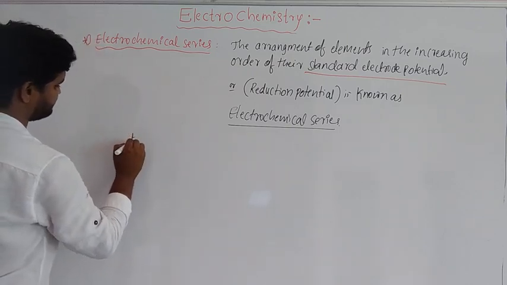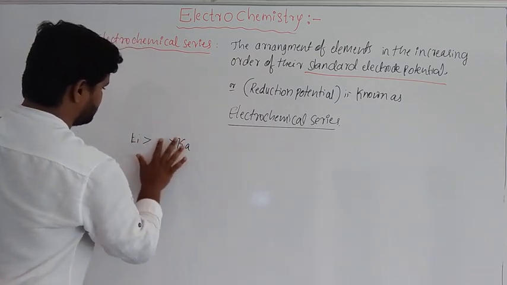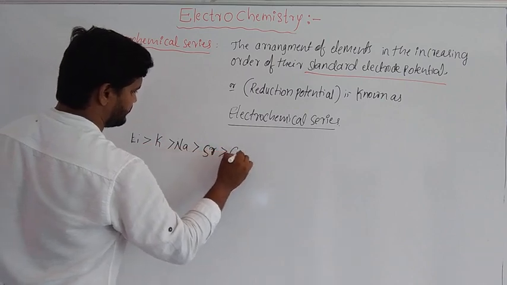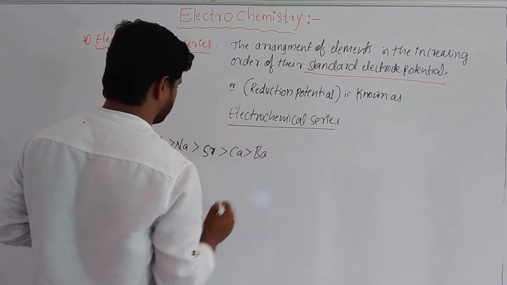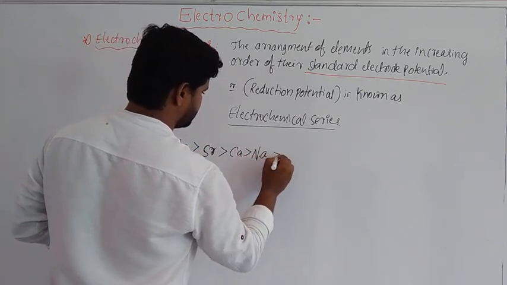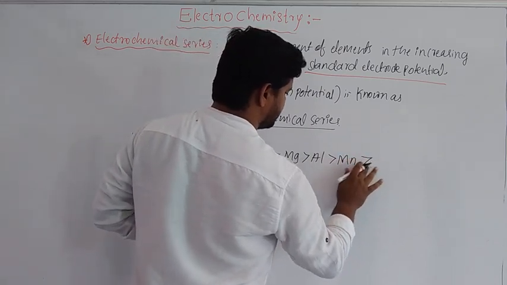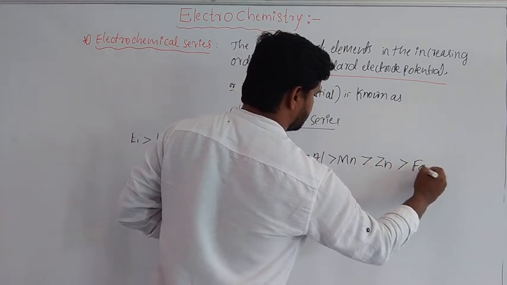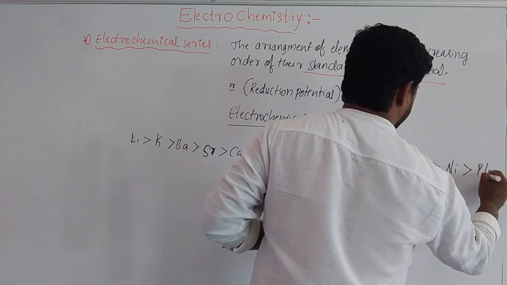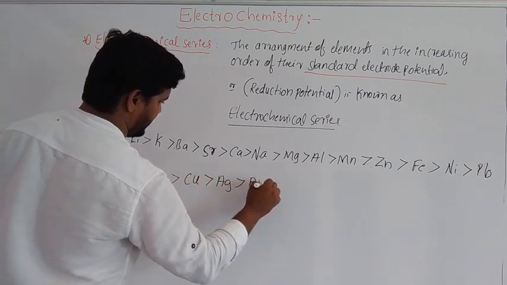Here I am going to represent some of the elements, like lithium, potassium, sodium, then iron, nickel, lead, Pb, and hydrogen, copper, Ag, Au, and the last one is platinum.